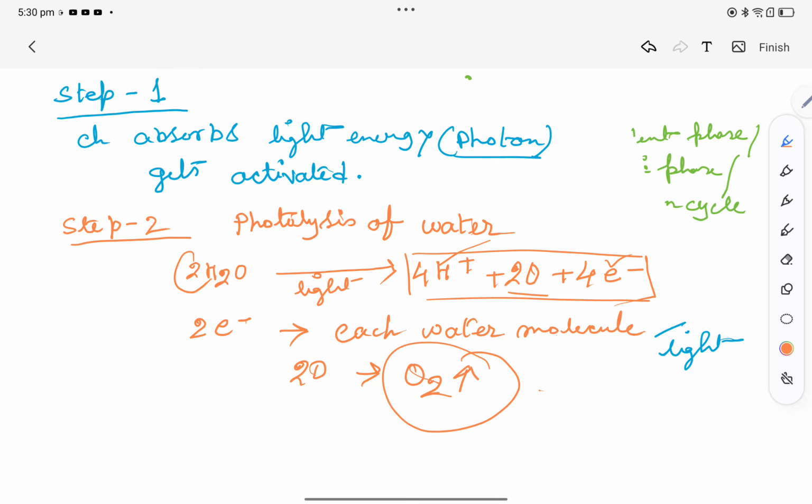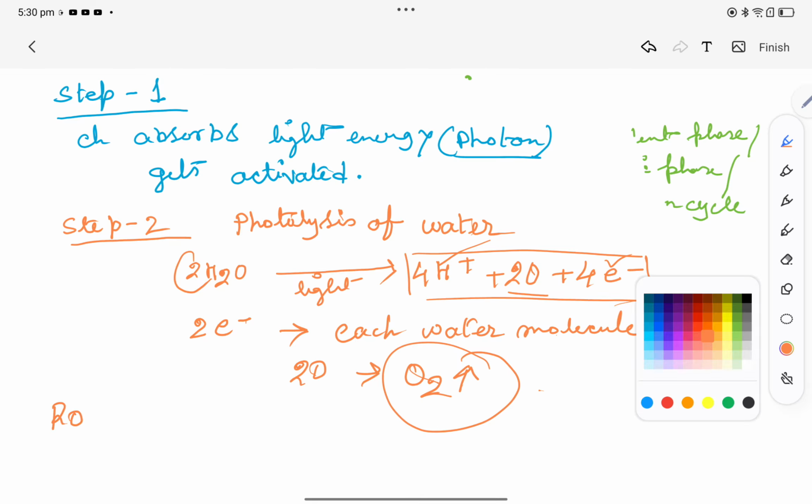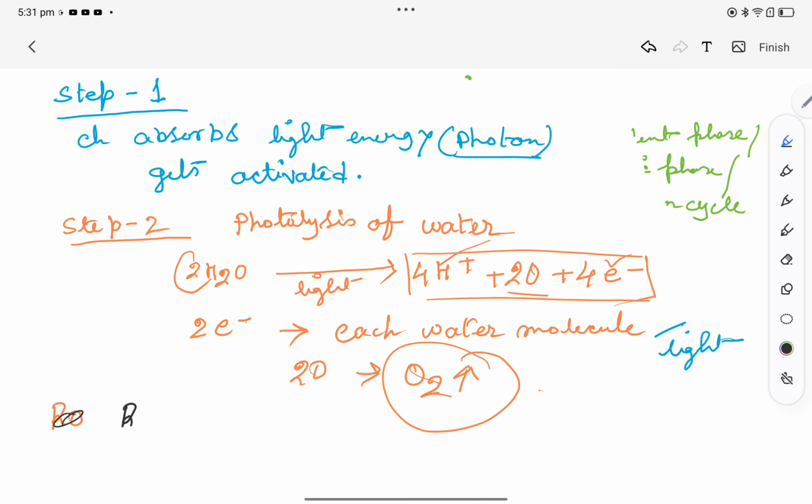Now, the scientist Robin Hill first said that the oxygen released in this process, photosynthesis, comes from H2O.